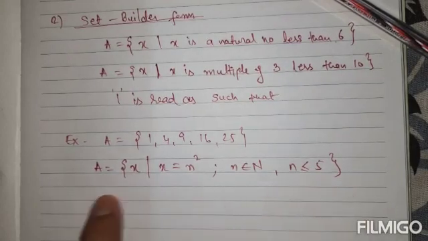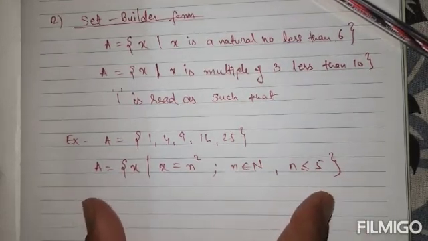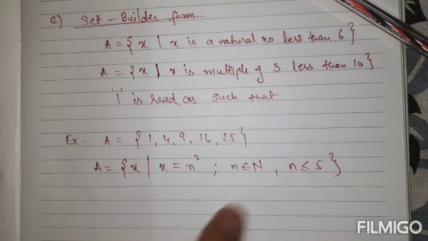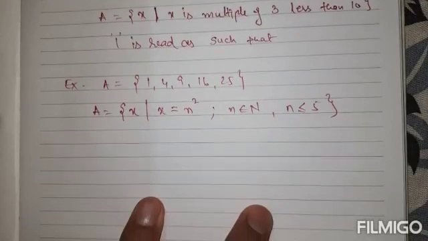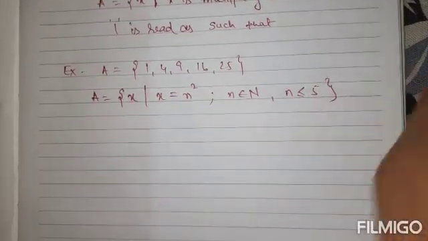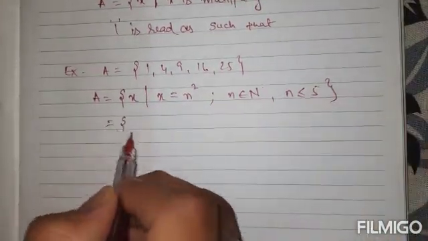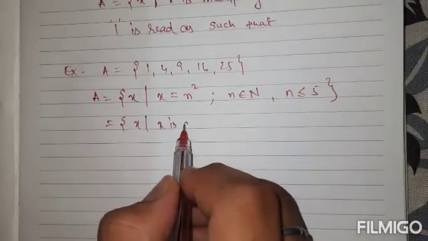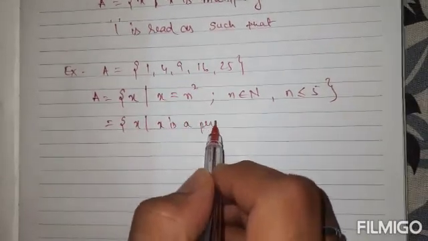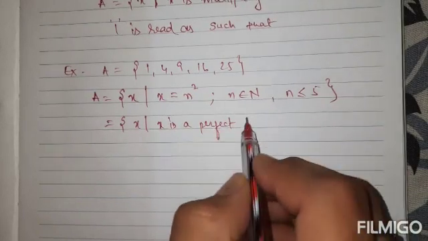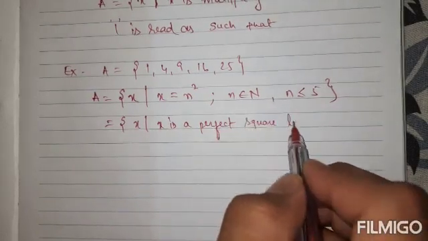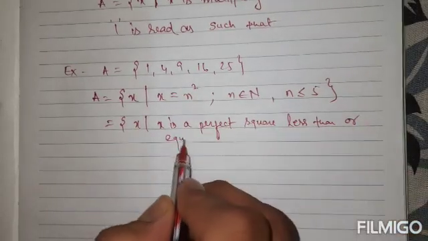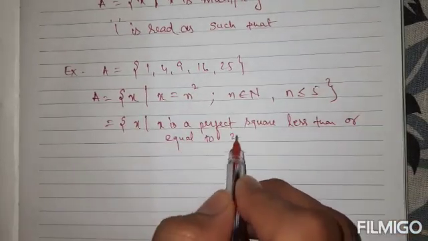See, students, always note that the set builder form is not unique. For simplicity, I have written it in this way. You can write the same statement in your convenient form also. Like the same set can be written in this way also: x is a perfect square less than or equal to 25.